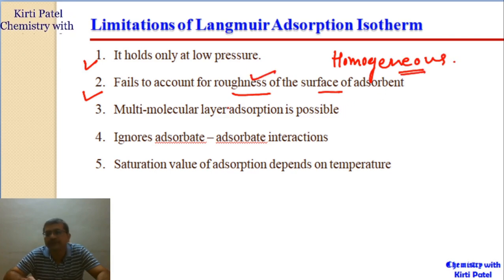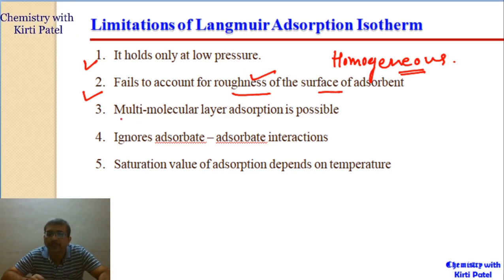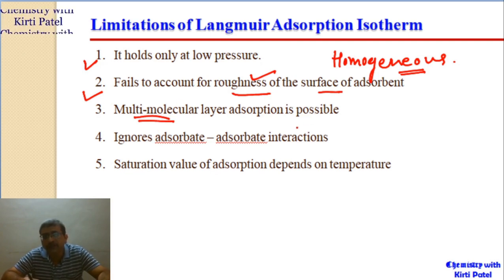So roughness of the surface is not taken into consideration. Similarly, it was assumed that it is for monomolecular layers only, and it does not take into consideration multimolecular layer adsorption processes. So it fails for multimolecular layer processes.